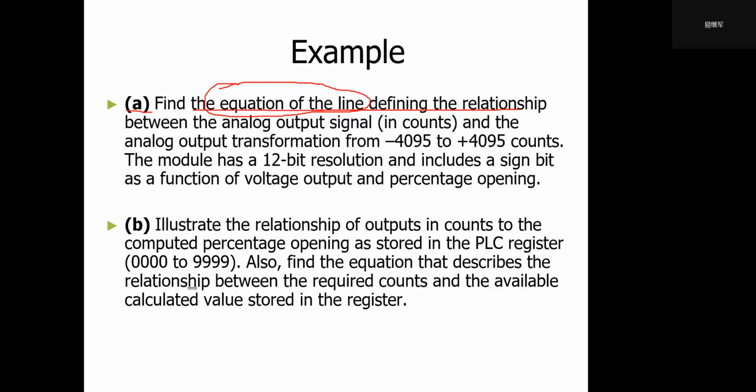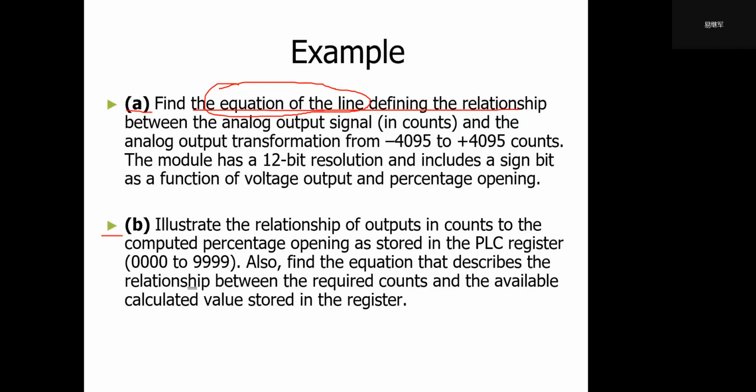This module has 12 bits resolution. Part A illustrates the relationship as a function of voltage output and percentage opening. Part B illustrates the relationship of outputs in counts to the computed percentage opening as stored in the PLC register.